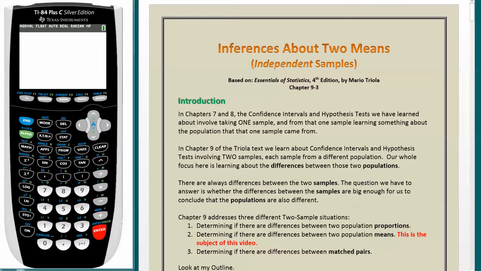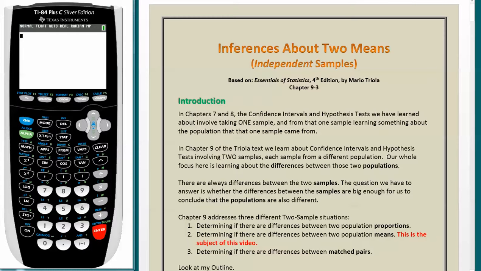Chapter 9 addresses three different two-sample situations. Number one, determining if there are differences between two population proportions, and I have a video on that. Number two, determining if there are differences between two population means, and that is the subject of this video. Number three, determining if there are differences between matched pairs.